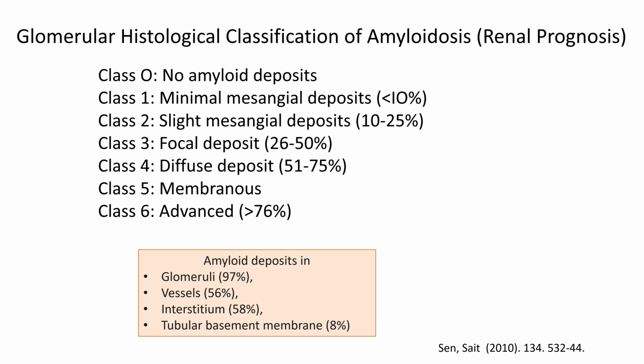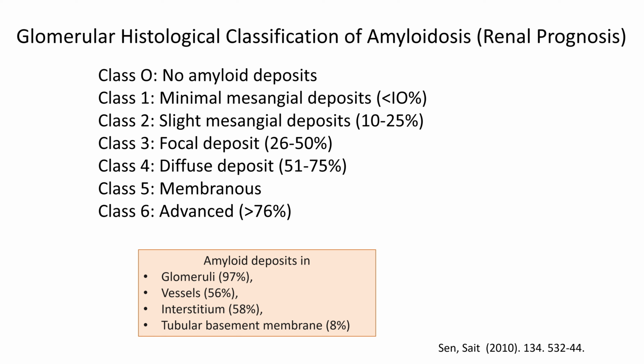Focal deposit in class 3, between 26 and 50%. Class 4, diffuse deposit between 51 and 75%. The fifth class is membranous, and the advanced class, class 6, is more than 76%.